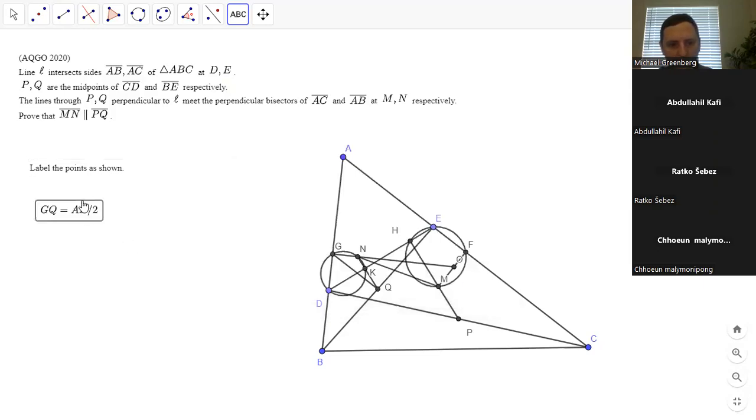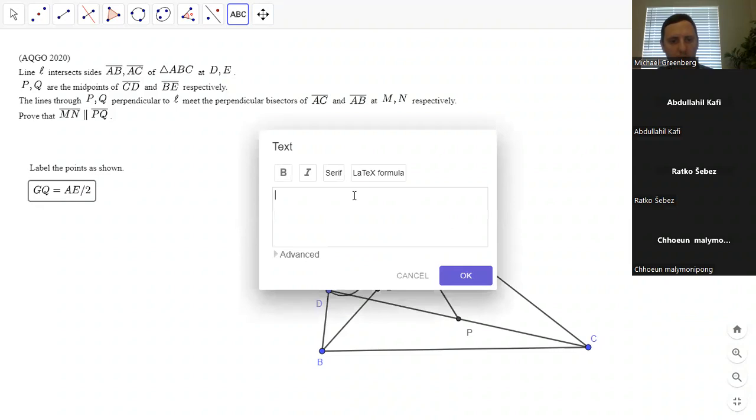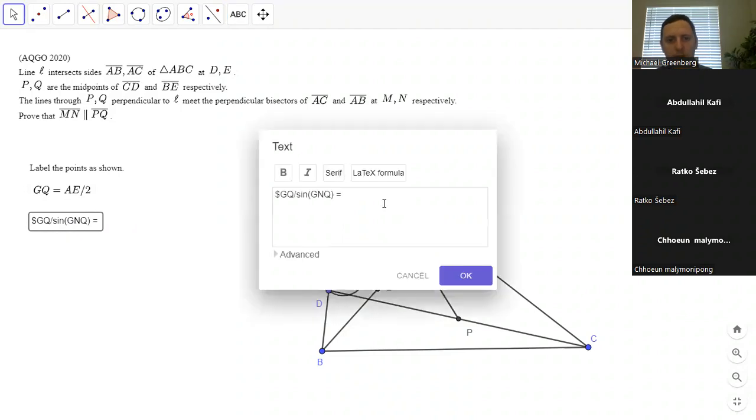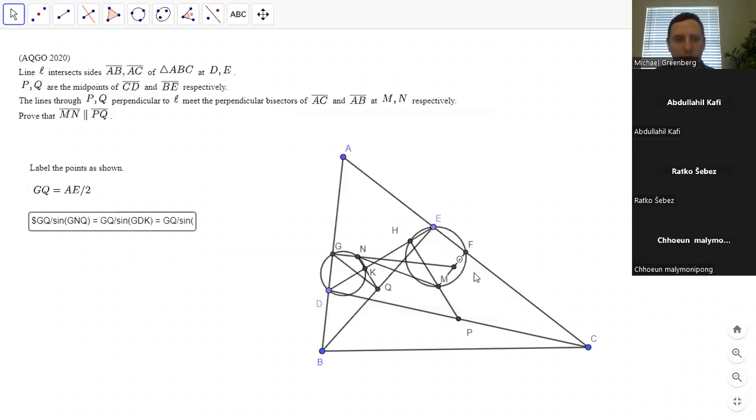And then we have GQ over sine of GNQ, which is equal to GQ over sine of GDK, which is GQ over sine of ADE.